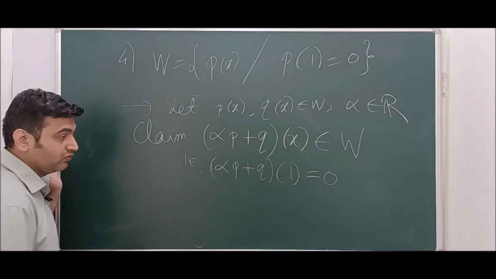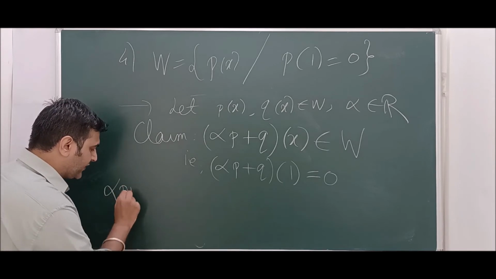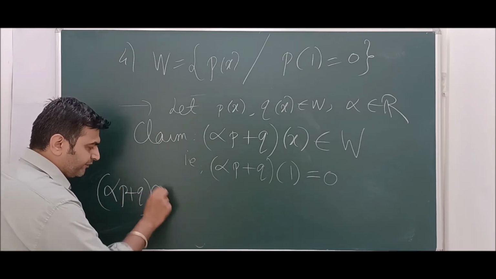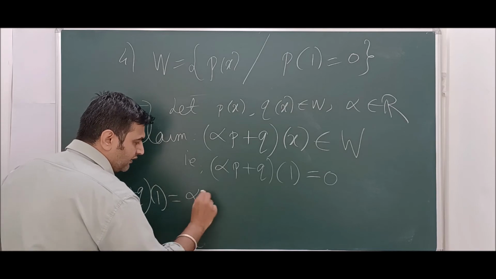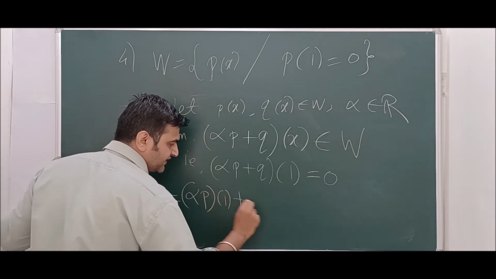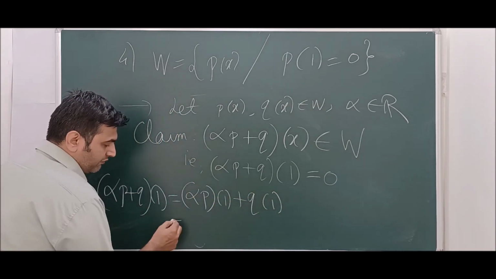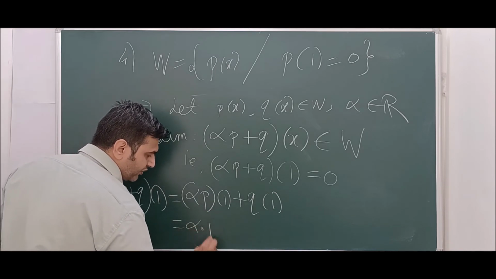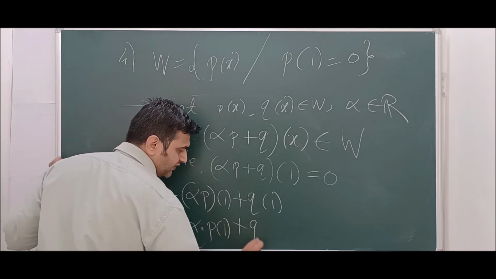This is what I want to show. Let's try to prove it. So what is alpha p plus q of 1? By definition, this is alpha times p of 1 plus q of 1. But what is this? This is alpha into p of 1, because alpha is a number, plus q of 1.